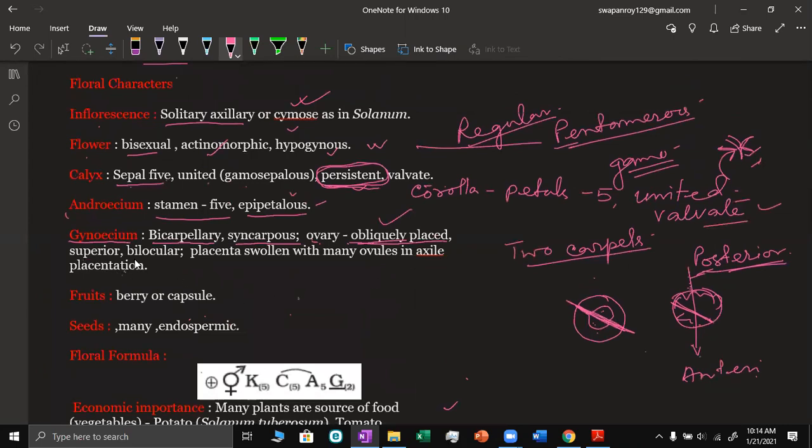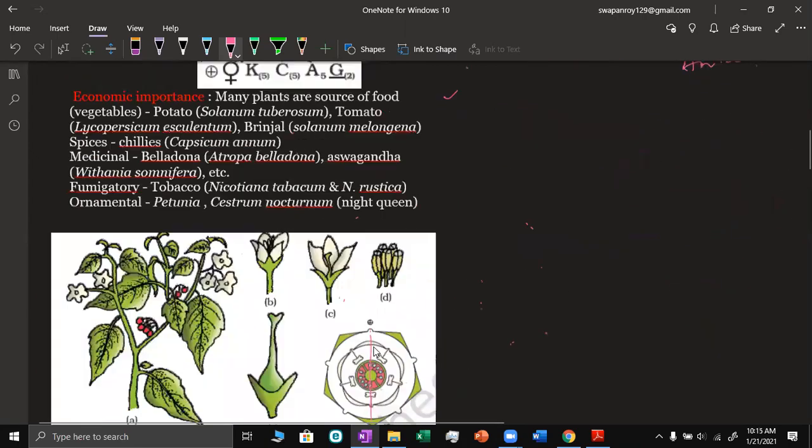Ovary is superior, bilocular, two chambers, placenta swollen with many ovules, and axile placentation. You can see that ovules are many. In tomato, so many seeds are there. In chili, so many seeds are there. Means many ovules, and they are attached at the central mass, that is the axile placentation, and the placenta is swollen, that is placental tissue.